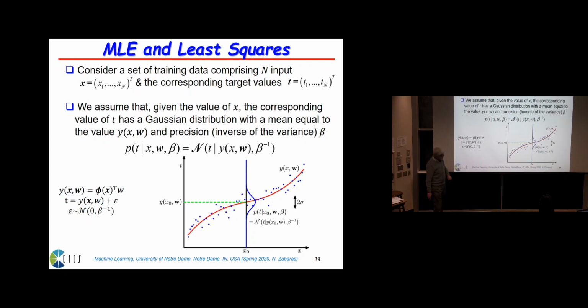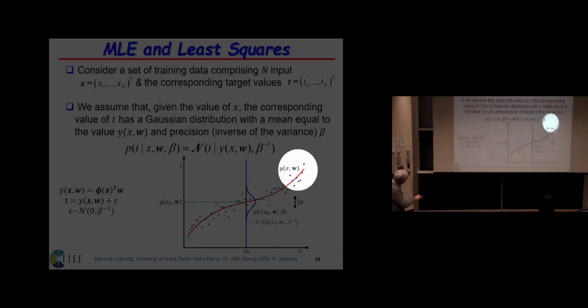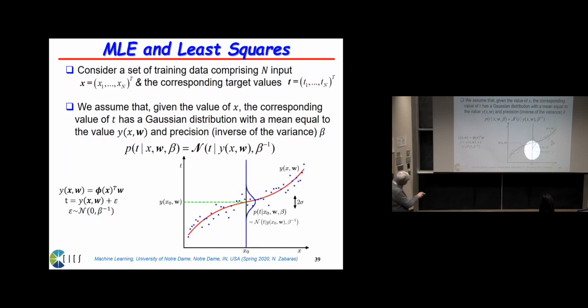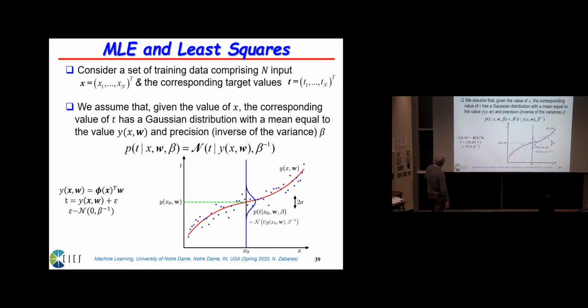If you look at the second equation, it says the response at the given x is going to be this red line that you see here, defined in terms of these parameters w, plus some Gaussian noise. Remember, the response at this point x is a Gaussian, so you can get multiple values with some noise, and this noise has a precision beta, the inverse variance. We have no idea what beta is, but there is some Gaussian noise, and this is the mean response because the mean of the noise is 0.